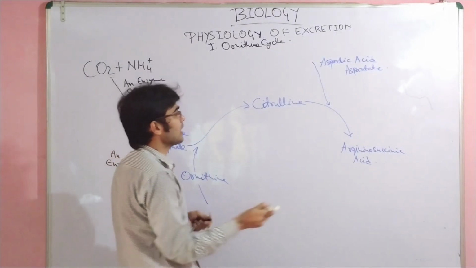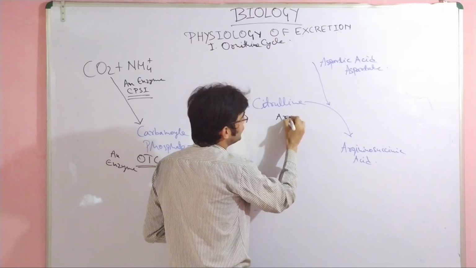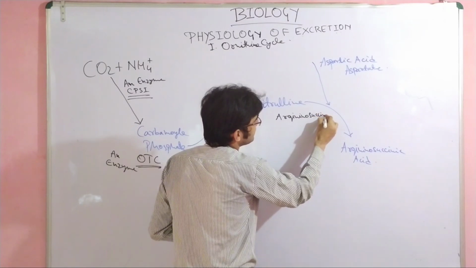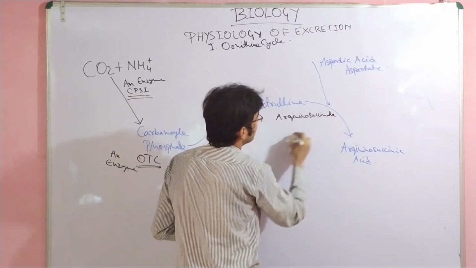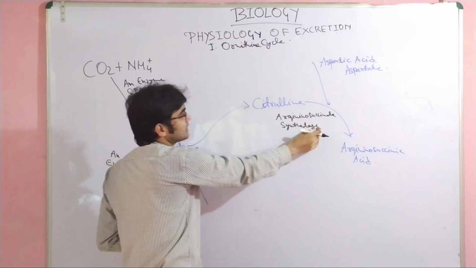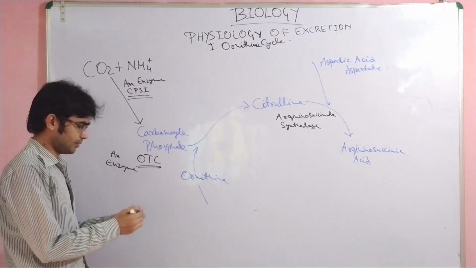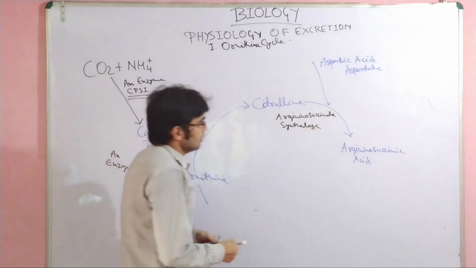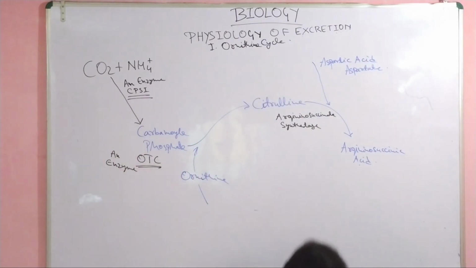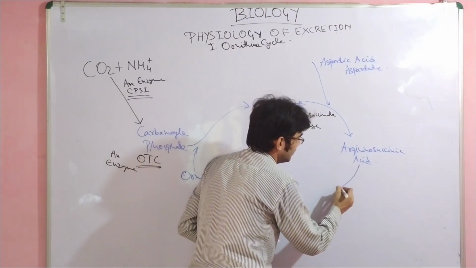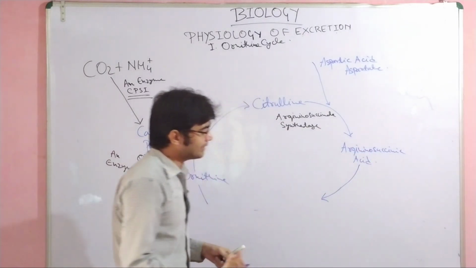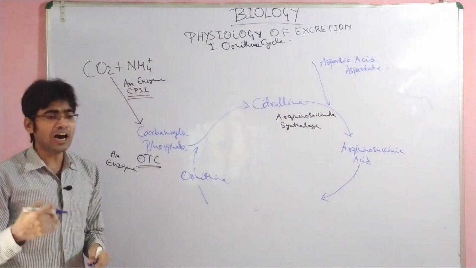That enzyme is known as argininosuccinate synthetase. As you know, the suffix -ase depicts the enzymes here. Now argininosuccinic acid splits into fumarate and arginine.